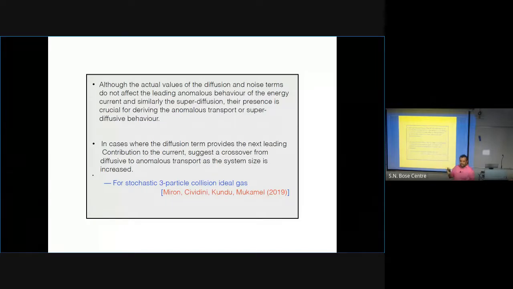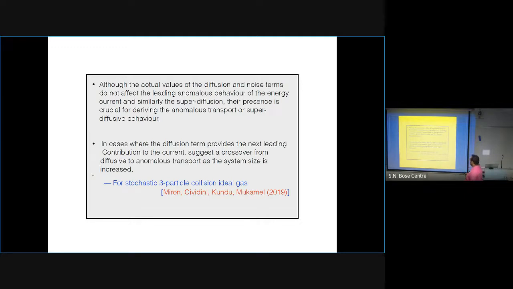But their values do not affect any of the anomalous behavior that you observe in the long time limit. So that's why their presence is important. How large the diffusion term and the noise strength are is not very important.